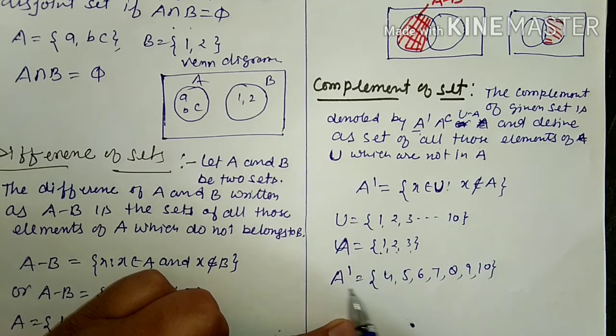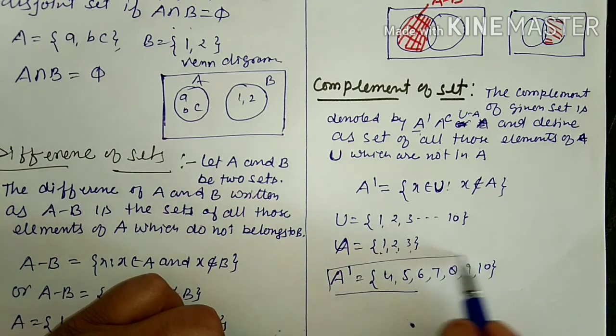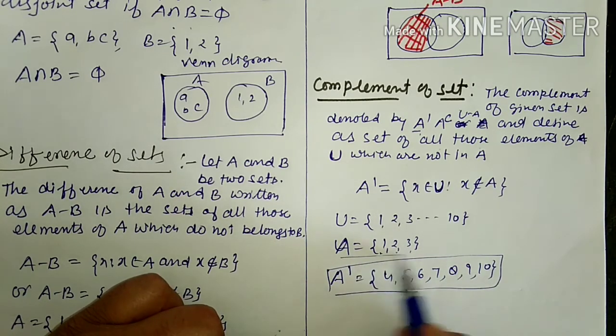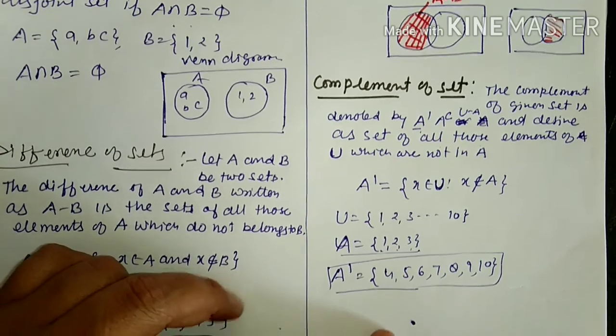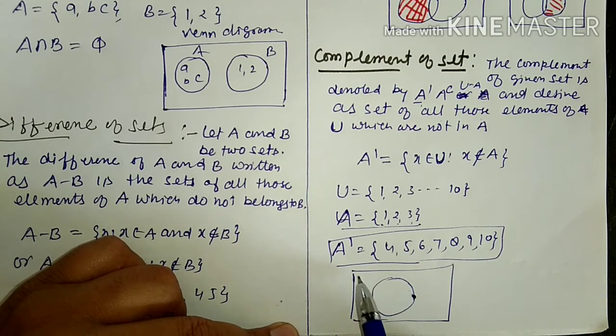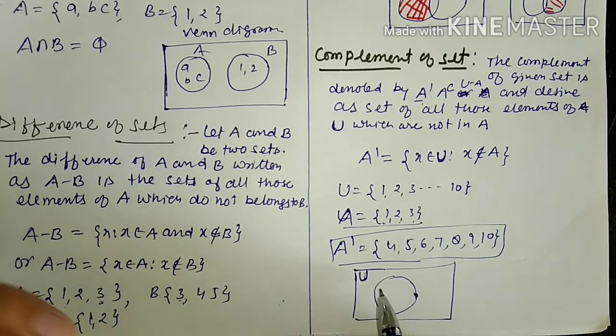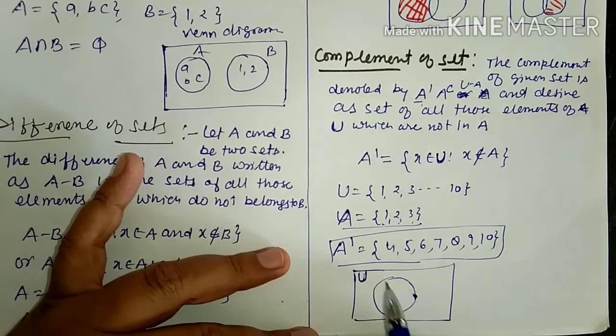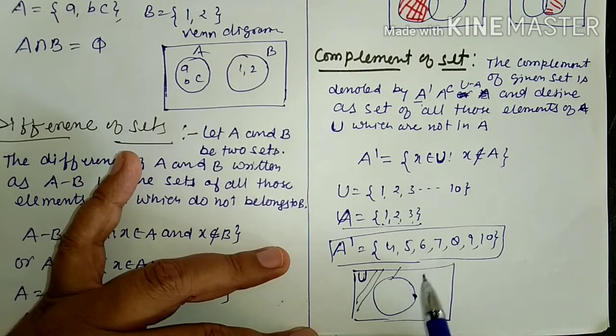Clear? So A complement is the set of all elements which do not belong to A. Clear? And the Venn diagram of this is again the universal set, and this is set A. So except all such elements which do not belong to A, the shaded portion is this. This is the A complement. All the elements outside of this set.